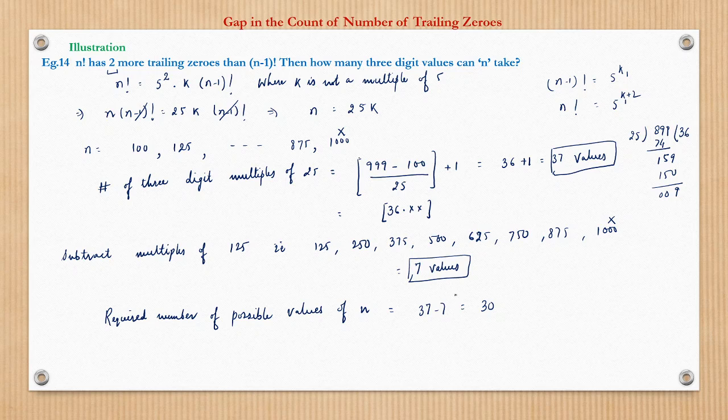What we did, we first found that n should be in the form of 25k, and then what are the possible numbers for 25k. I mean, here we can know that if I find 875 by 25, it is 35.